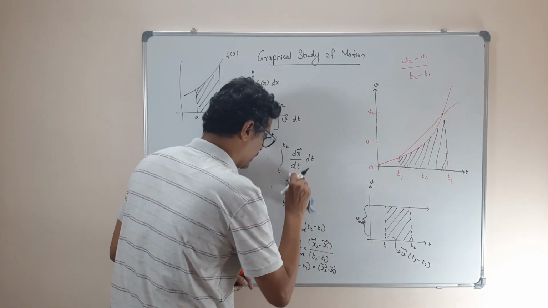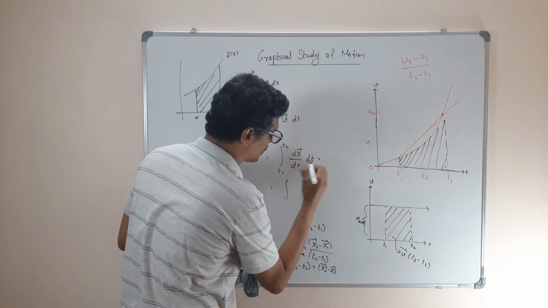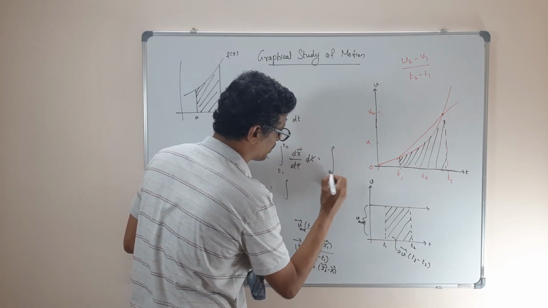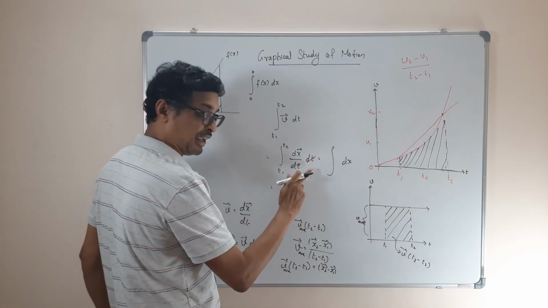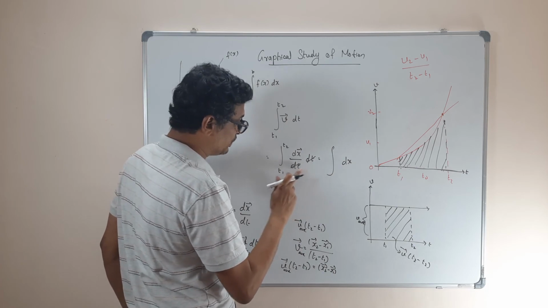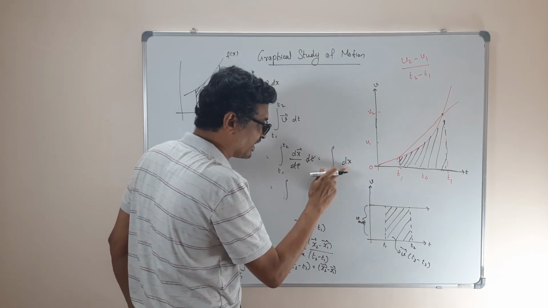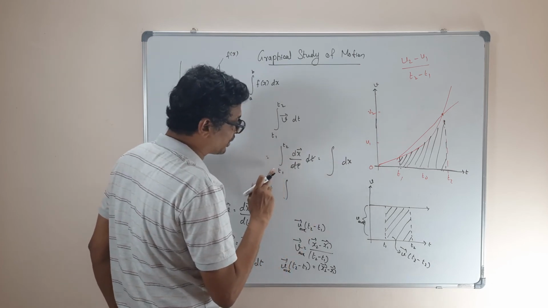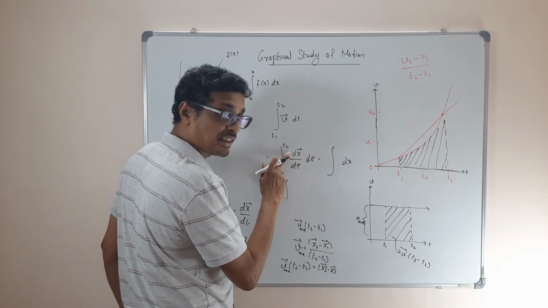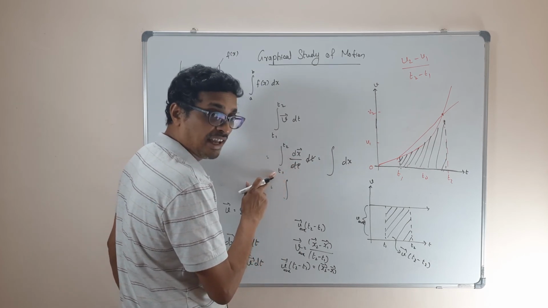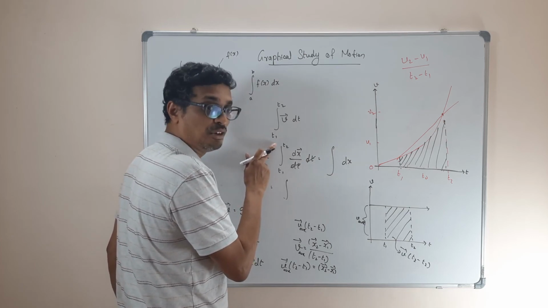I'm not going to write the limit. So the dt cancels, and this becomes dx. Now the limits are in time, but your integration is in dx. So when the t cancels and becomes x, the limits should become the x corresponding to t1 and the x corresponding to t2.